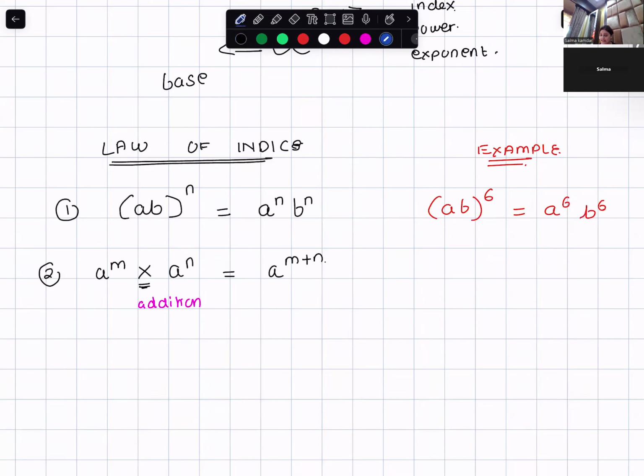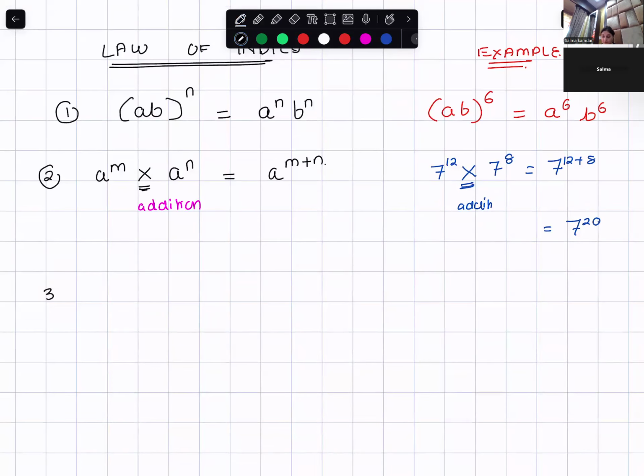As an example, I have 7 raised to 12 multiplied by 7 raised to 8. Multiplication means addition, so it will be 7 raised to 12 plus 8, which is equal to 7 raised to 20.